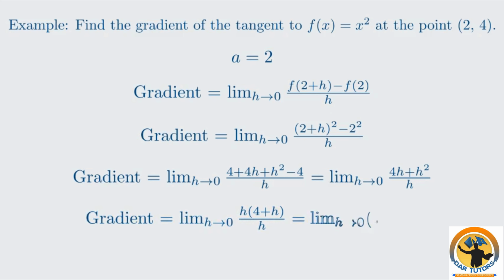Since we are taking a limit as h approaches 0 but h is never actually 0, this cancellation is valid. Finally, we can substitute h = 0 into the simplified expression. The limit is 4 + 0, which is 4. The gradient of the tangent to f(x) = x² at the point (2, 4) is 4.